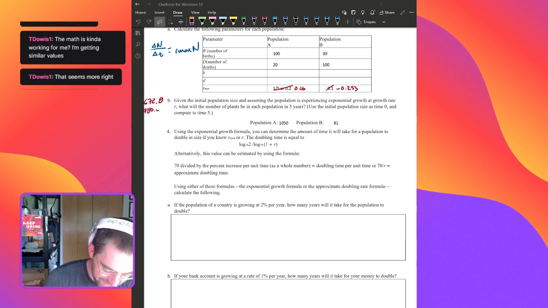I just want to make sure that I get an answer that looks something like 1050, and I have a feeling that it's going to work. Nope.